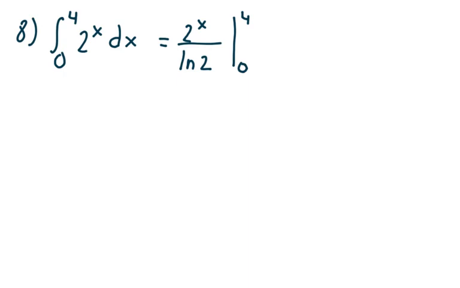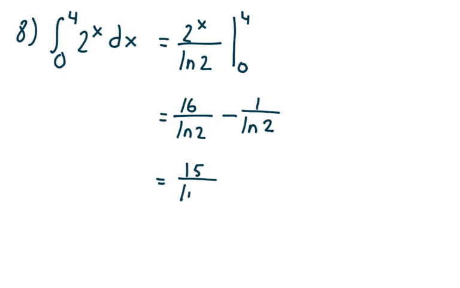Replace x with 4, I get 16 over natural log of 2. Minus, then I'm going to replace x with 0. 2 to the 0 is 1. So I get 1 over natural log of 2. And when I subtract those, I get 15 over natural log of 2.